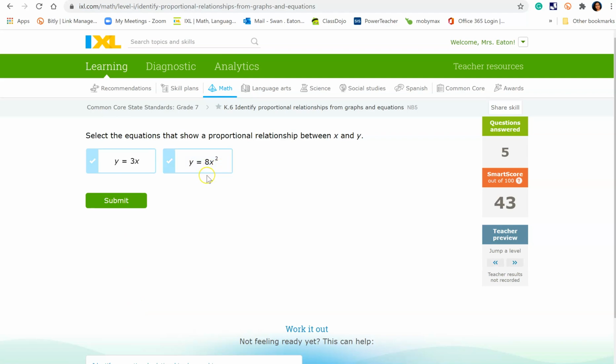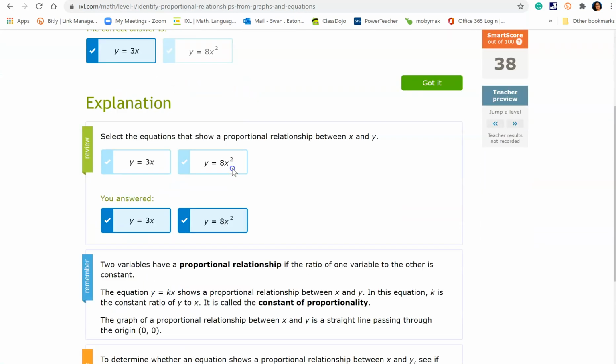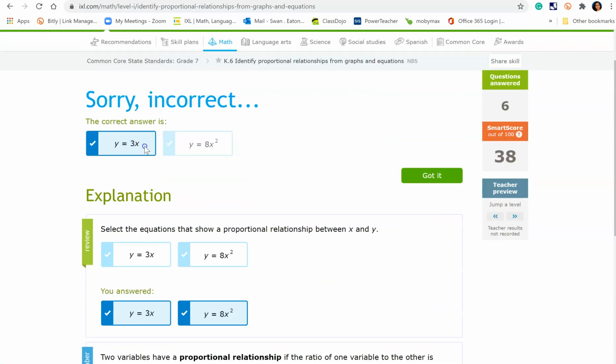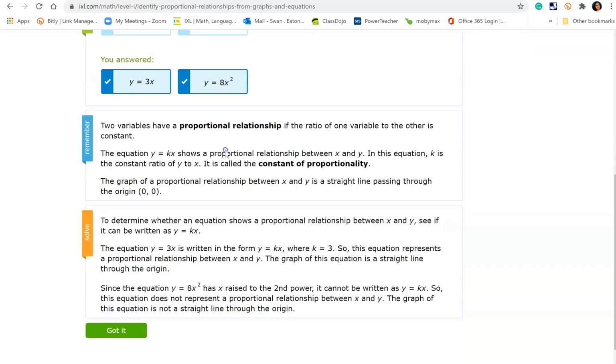What if they give us a square? Well, this one, yes. And I'm going to say, yeah. Let's see what it tells us. Ooh, not correct. So now you can see why this wouldn't be correct. And it's really important that if you make errors, that you see why you made the error. And of course here, I can just explain to you that when it's squared, it's no longer an algebraic rule, right?